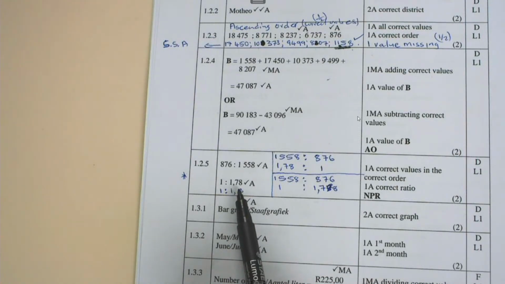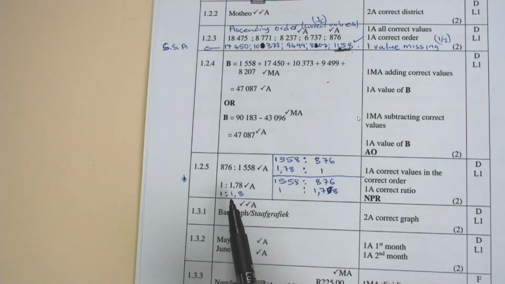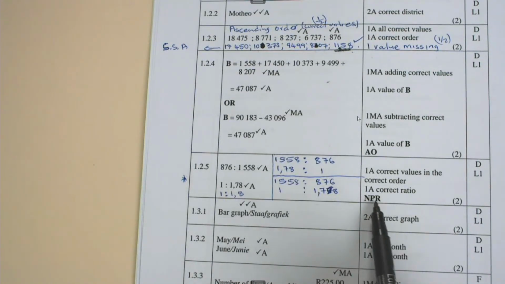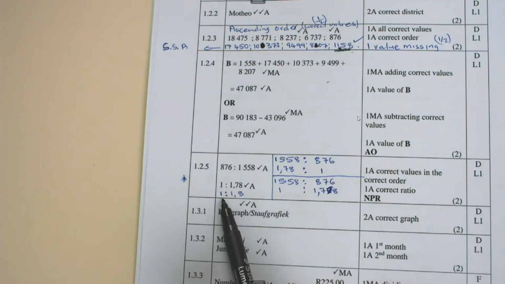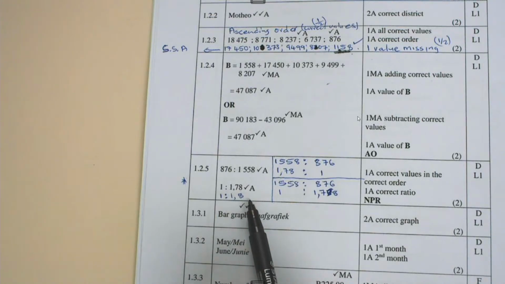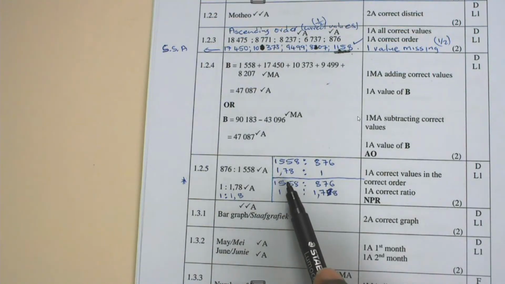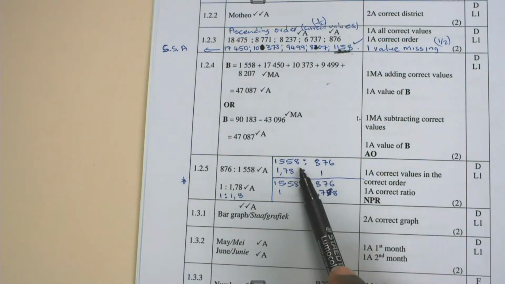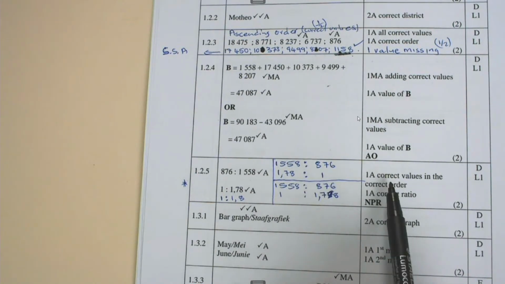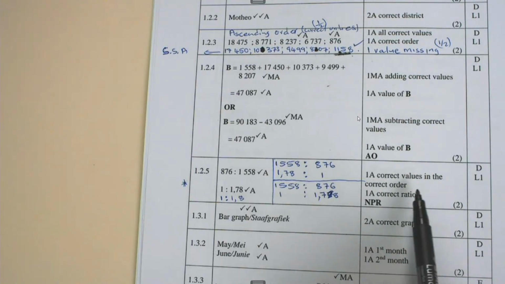Then you give that learner another mark. Right, no penalty for rounding, so some learners will write 1:1,8. So no penalty for rounding. And remember, it's an accurate mark for correct values in the correct order.